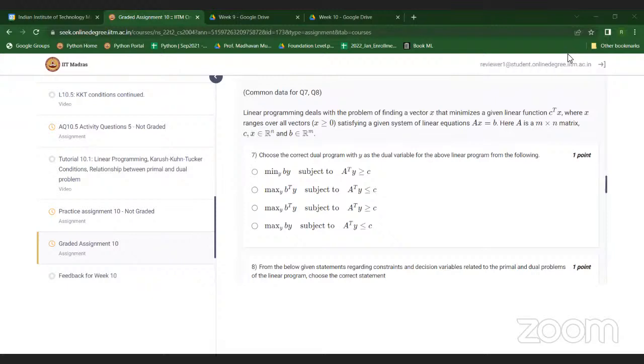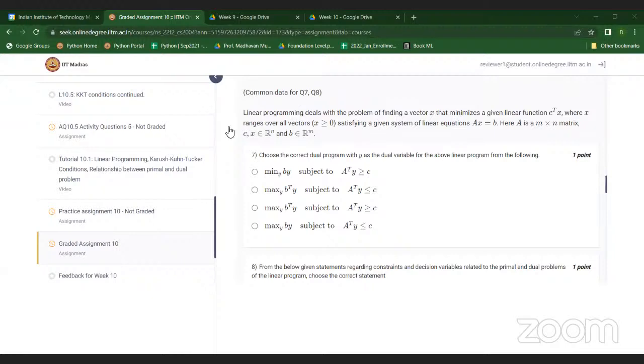Sir, can you solve one question on the Lagrangian to show us?